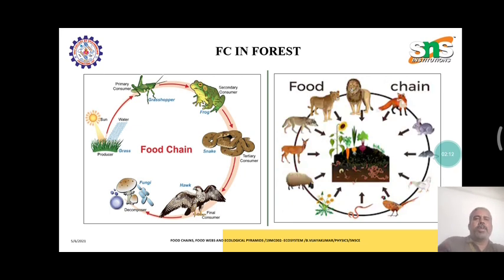In the same way, from grass to producer to eagle and fungi, that means the decomposer. So we discussed three different types of food chain: one in a grassland, second in a pond and third in a forest.